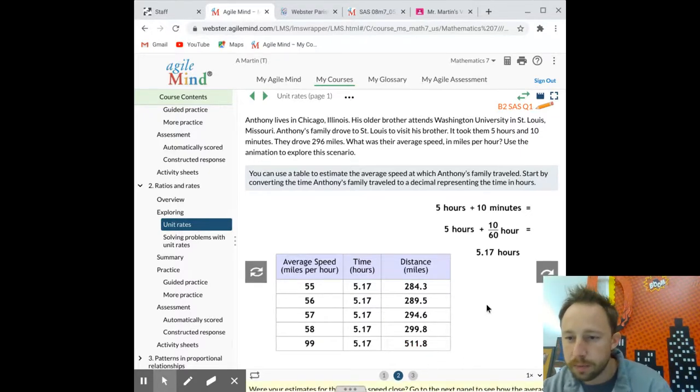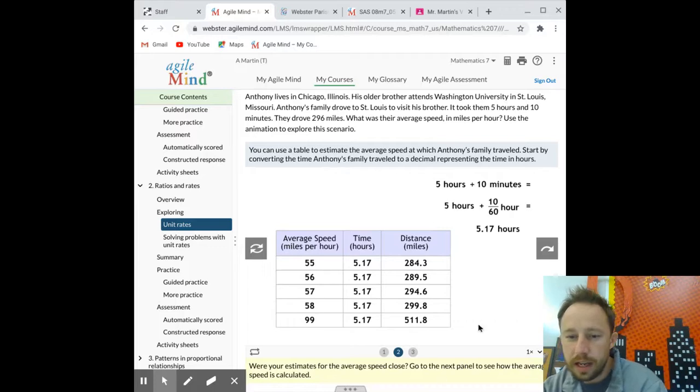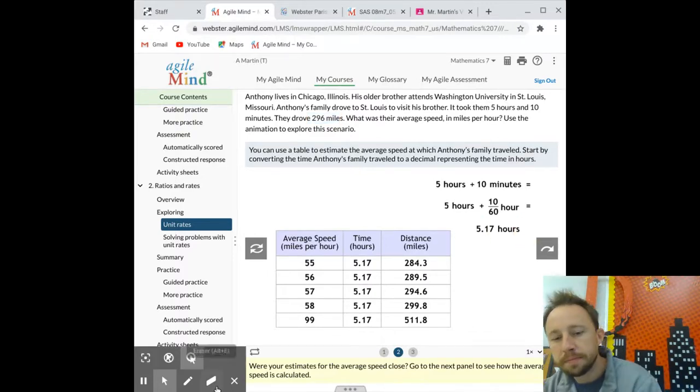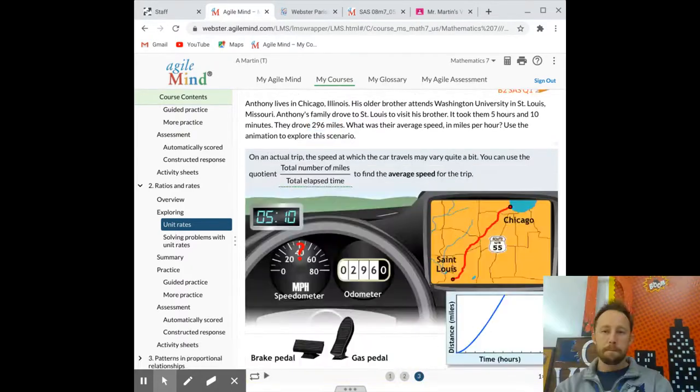All right. So let's see how we could get our actual miles per hour. What would we have to do with the distance that they drove and the 5.17 hours? So it says that we have to do what?